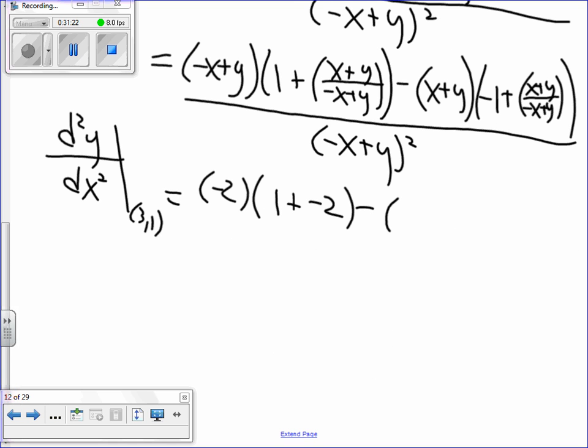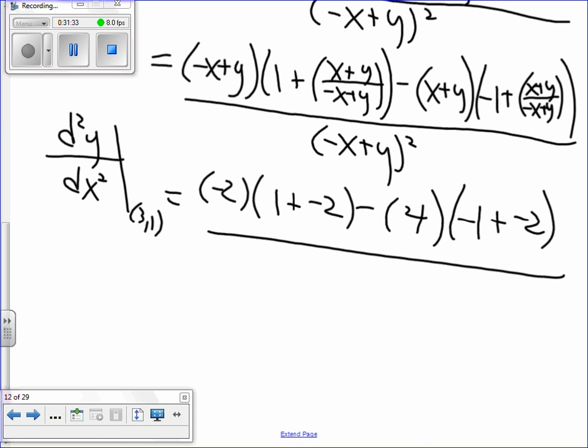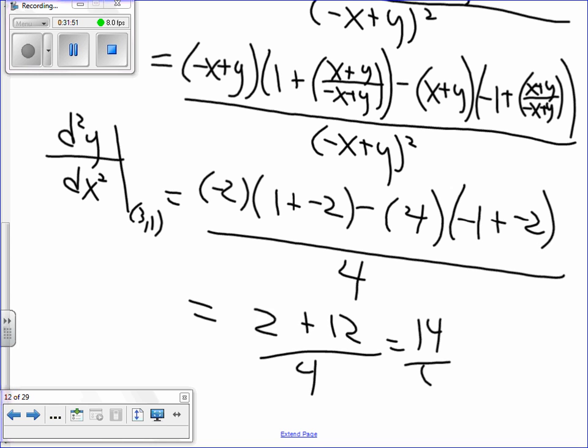Minus x plus y, that's 4, right? 3 plus 1 is 4. Times negative 1 plus, I already figured out that derivative of negative 2, all over negative 3 plus 1, that's going to be over 4. This comes out to be 2 plus 12 over 4. Oh yeah, no, 14/4, which is 7/2.